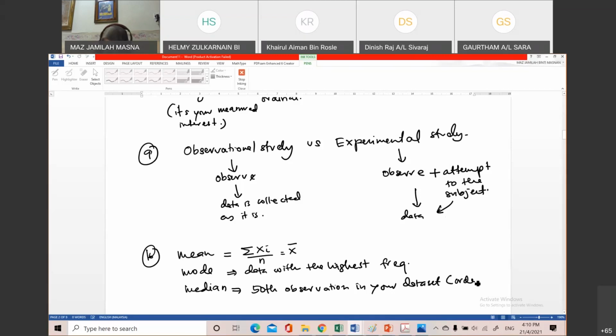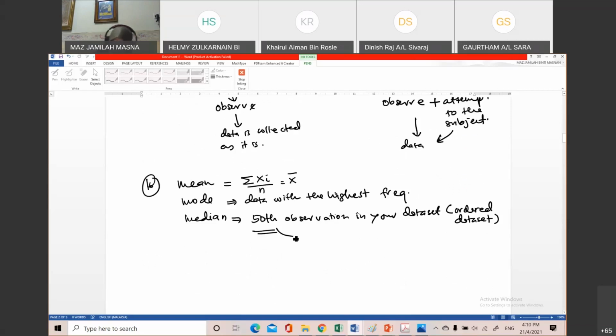That means you have to arrange from the lowest to the biggest value, and only then you find the middle observation. This will reflect whether your n is odd or even.